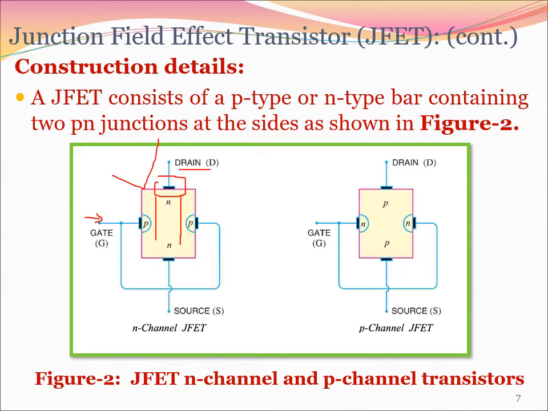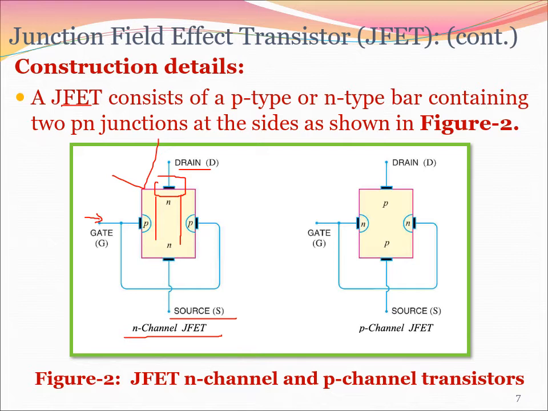So one is the drain, another one is the source, and the third one is the gate. If this bar is N-type material, then we call it an N-channel JFET. And if it is P-type, we call it a P-channel JFET. So basically there are two types of JFET devices, N-channel and P-channel.